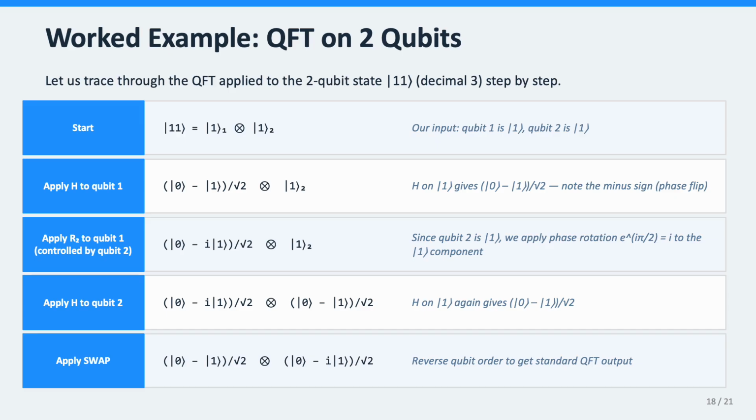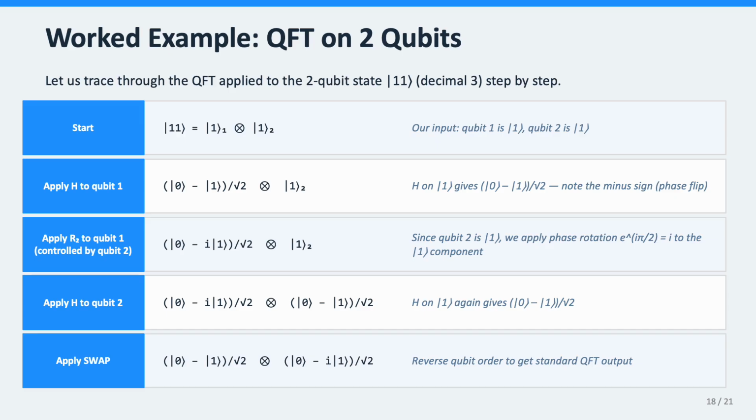It stays in state 1 throughout. Step 3 applies the Hadamard to the second qubit, which puts it into the same superposition pattern but without a phase rotation, since there is no further controlled gate acting on it at this stage. Step 4. Apply a swap gate to reverse the qubit order into the standard QFT output convention.